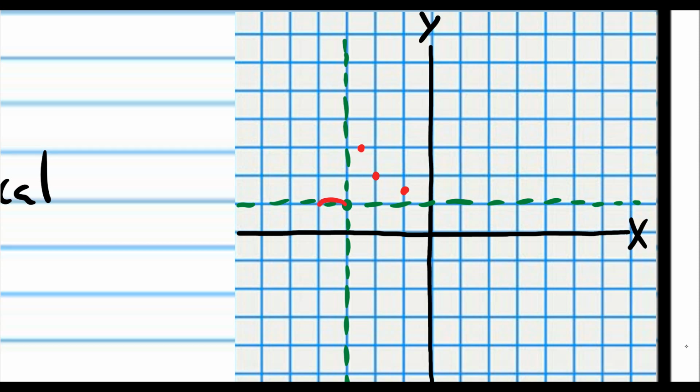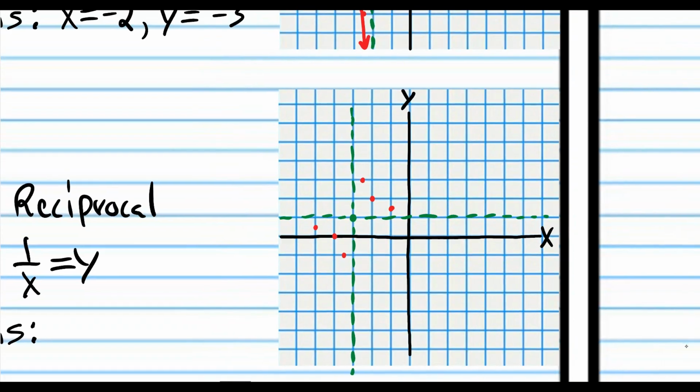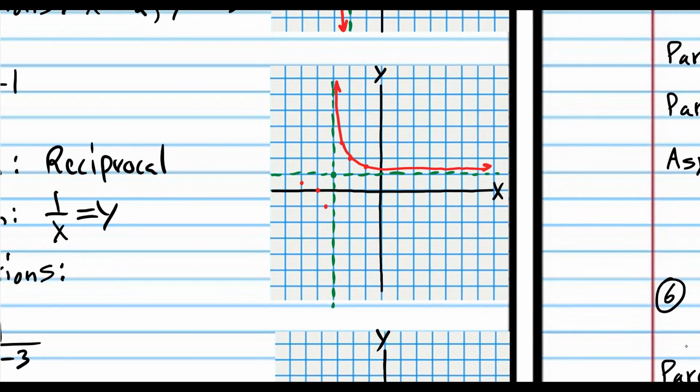And then we have -1, -1, and so on and so forth. So I think you can see what's going on here. And then we're just going to connect the dots, understanding that as we go up, the graph approaches that dotted line. And as we go to the right, it approaches the dotted line. And as we go to the left and down, it approaches that dotted line.